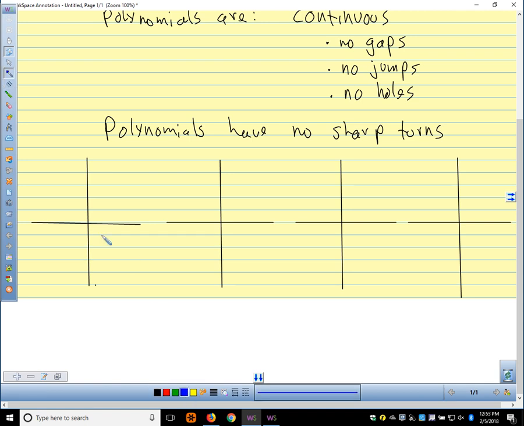All right, so this first one is going to be y equals x squared. A nice easy parabola. How does that change if I had y equals negative x squared? It goes down. So we reflect over the x-axis.